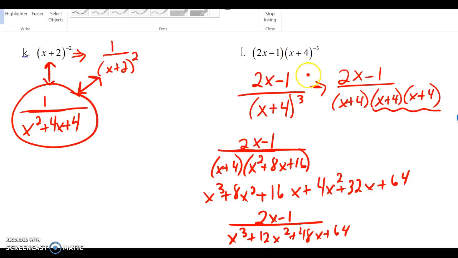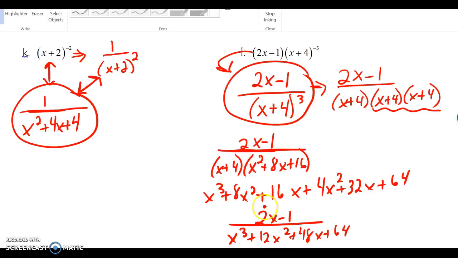Well, truthfully, the best form for this is this. You usually don't want to expand those denominators because you want it to look like this, so you can look at that and say that bottom is equal to 0 at -4, which means this ratio would be undefined when x is -4. Remember what we learned about domains.